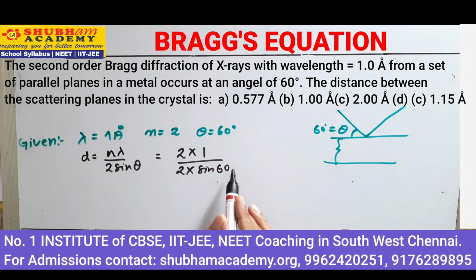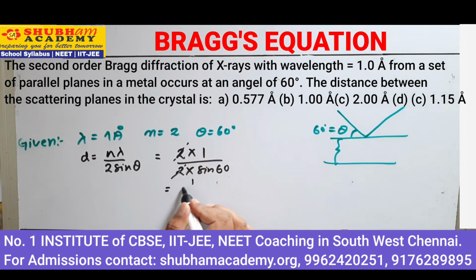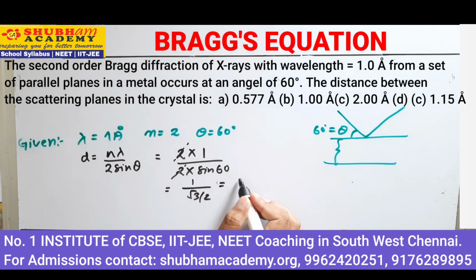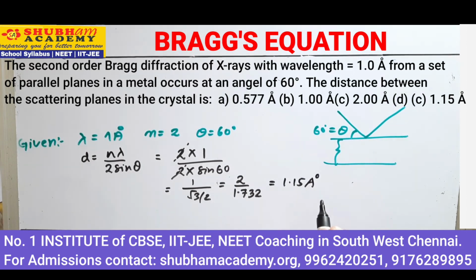Sin 60 is root 3 by 2, right? So this 2 cancelled. So we got 1 by root 3 by 2. So this is 2 by 1.732. So this is 1.15 angstrom, right? So option D is the correct answer.